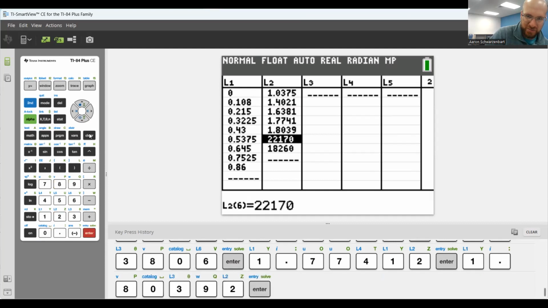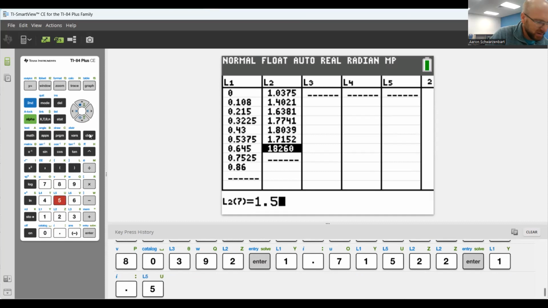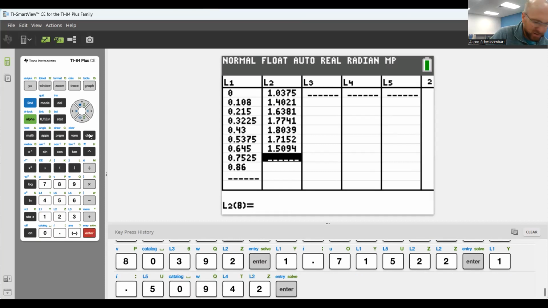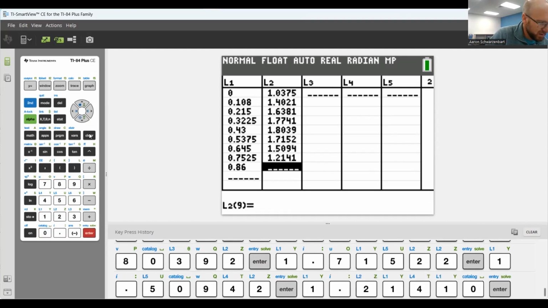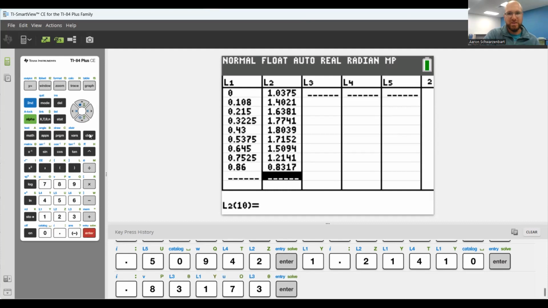I'm pretty sure it will keep that calculation. It just can't show it. Okay. Now I've got this.